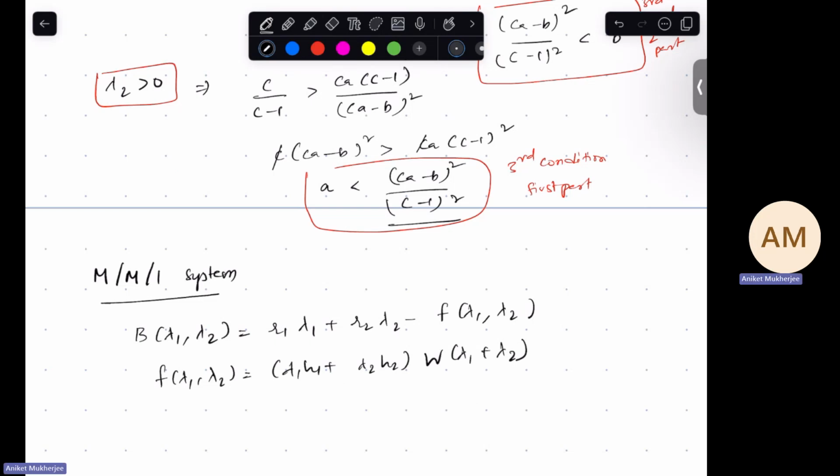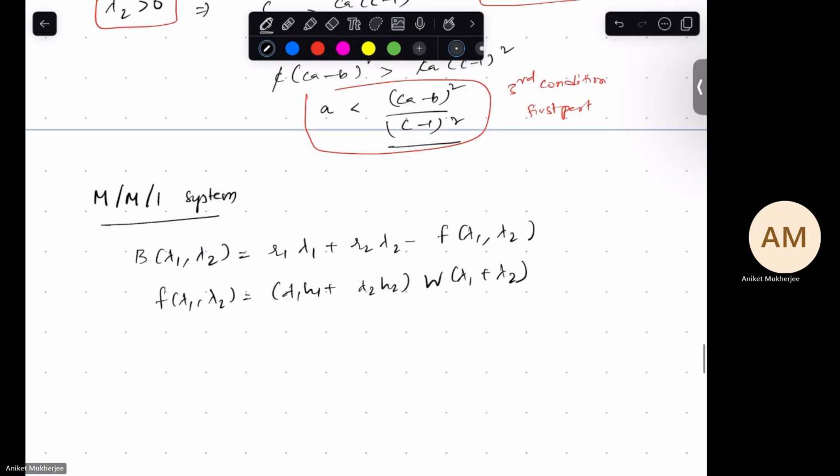So F of lambda 1 comma lambda 2 is the total delay cost per unit time expressed as a function of lambda 1 and lambda 2. The KKT conditions will be sufficient for social optimality if B of lambda 1 comma lambda 2 is jointly concave in lambda 1 comma lambda 2. This is true only if F is jointly convex, because these two are linear or affine functions of lambda 1, lambda 2.